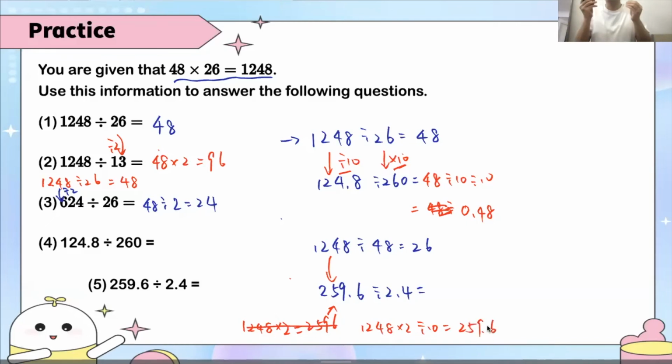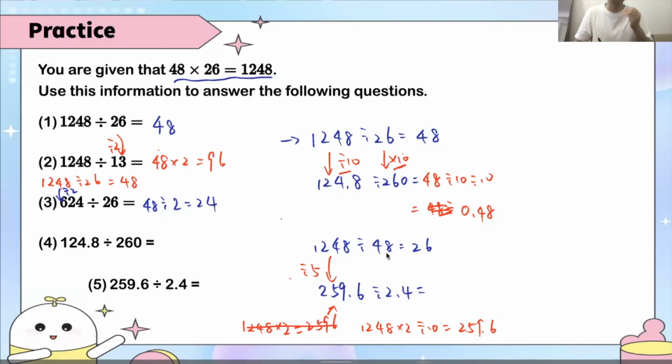So what we change, that is divide by 5. Okay, we divide by 5. We do this change on 1248, we can have this answer.